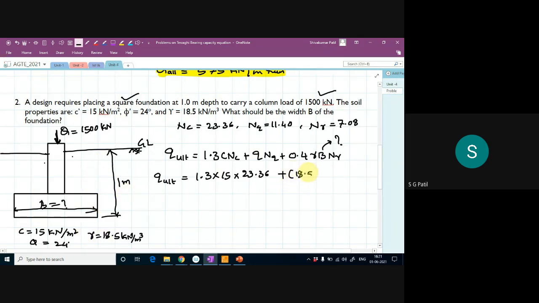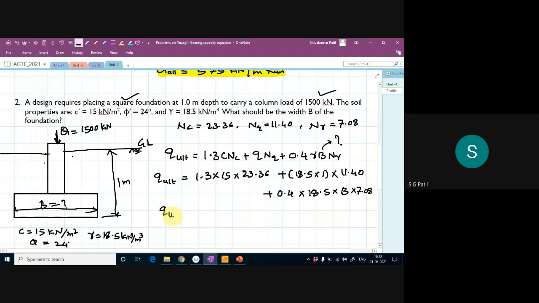Gamma is 18.5, into depth of footing, which is 1 meter, into Nq. Nq is 11.40, plus 0.4 into gamma, which is again 18.5, into B. I don't know B, I will keep it as it is. B into N gamma, which is 7.08. Okay.